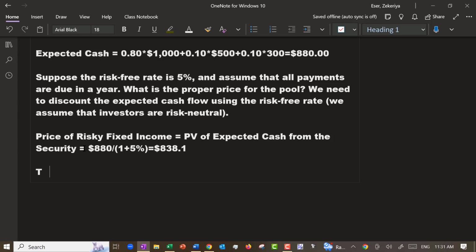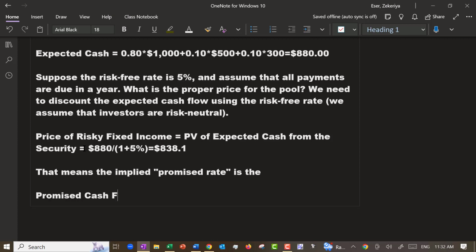That means the implied promise rate is the promised cash flow divided by price, minus 1.